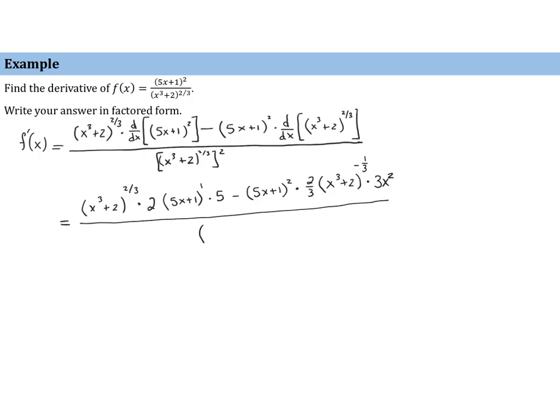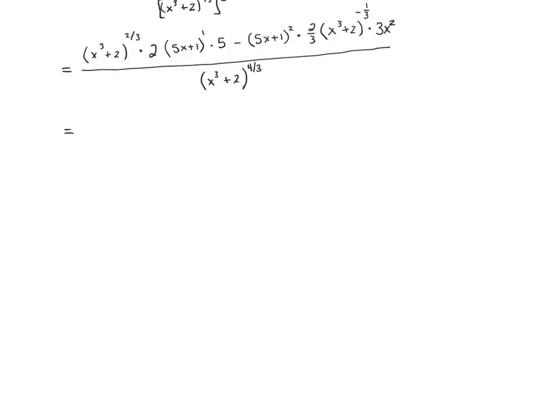So this denominator is now x cubed plus 2, and we multiply the exponents of 2/3 and 2 and obtain 4/3. Now let's clean up the numerator.